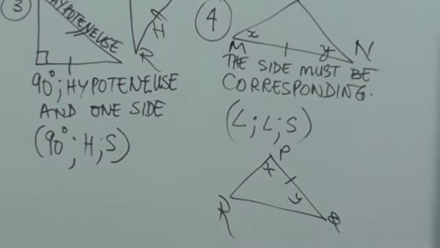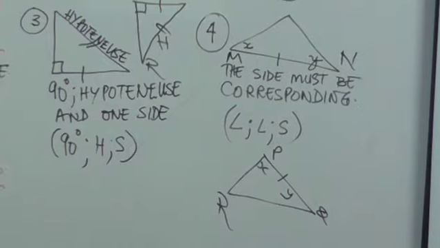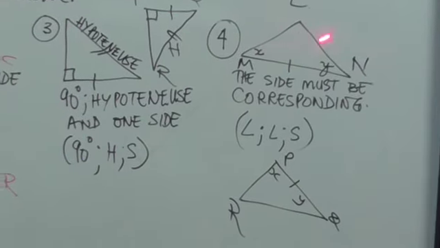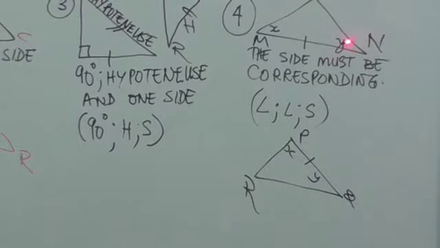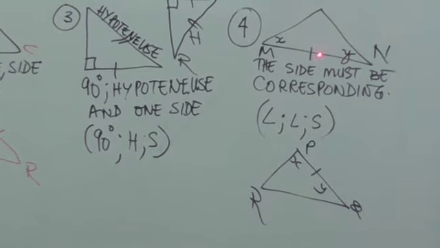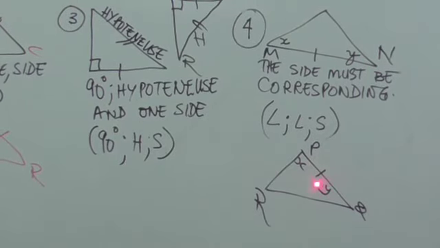If you're looking at number 4, you will see that in one triangle here, you are given two angles, x and y, and one side. If you look at this triangle here, you got x, you got y, and you got one side marked with one stroke. So you got two angles and a side, you got two angles and a side.